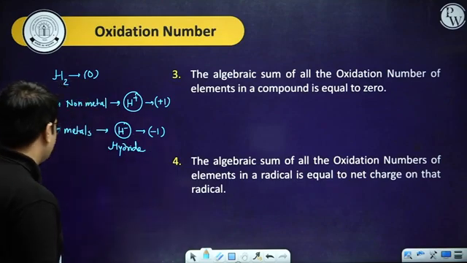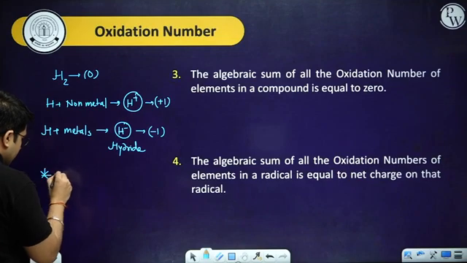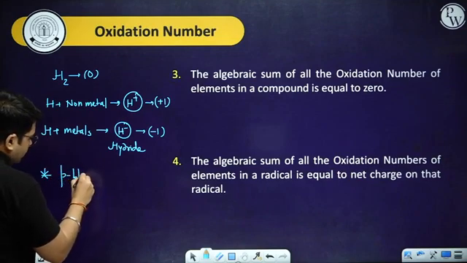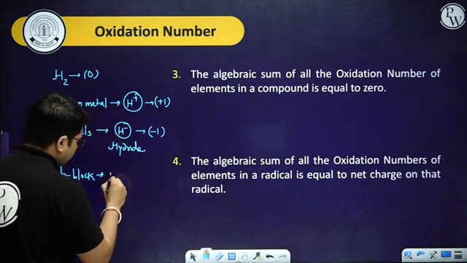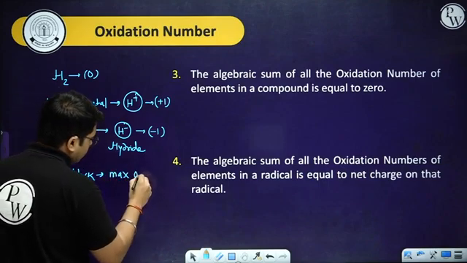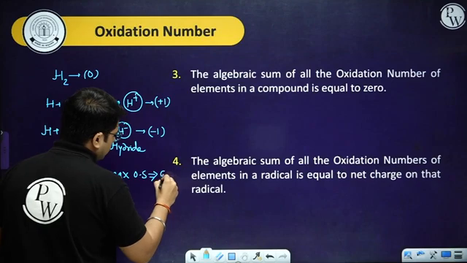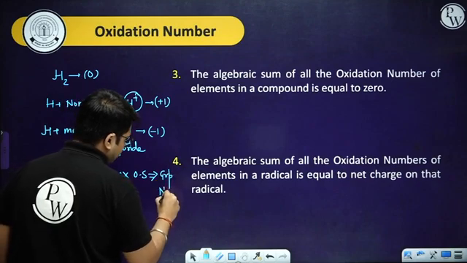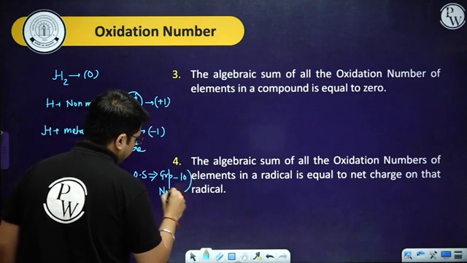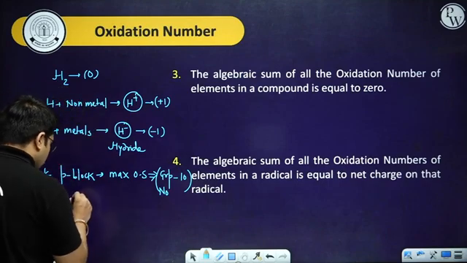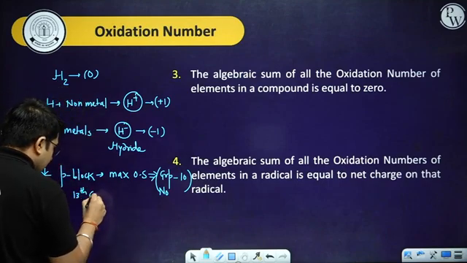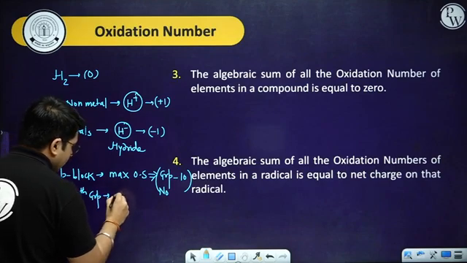There is one more thing. In the case of p block elements, their maximum oxidation state will be equal to group number minus 10. If I talk about group 13, that will be +3.